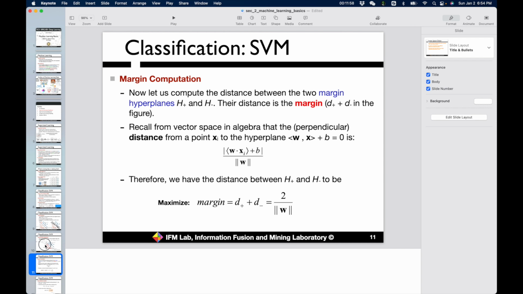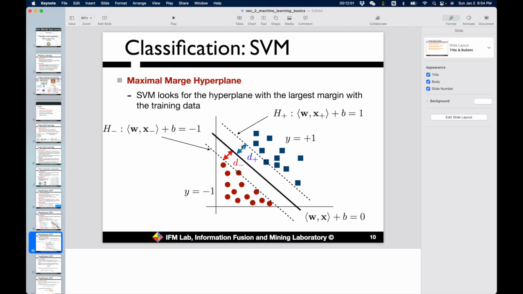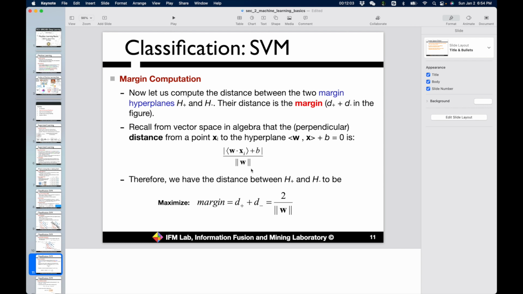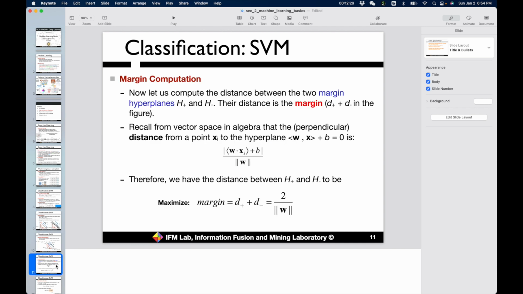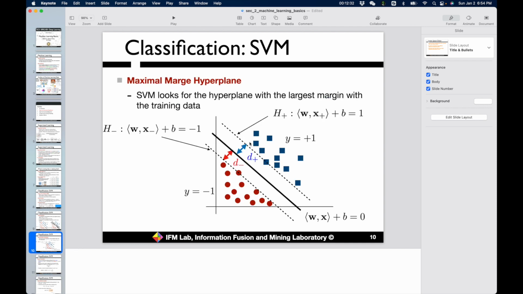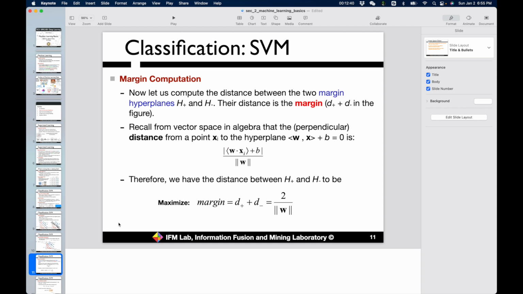In other words, if we define d plus as the distance, then this term will be equal to 1 over the L2 norm of w. Because the data point makes this equation hold, we can replace this term according to the equation, which equals 1. So the distance between H plus and the line we are drawing will be equal to 1 over the L2 norm of w. Similar for d minus.